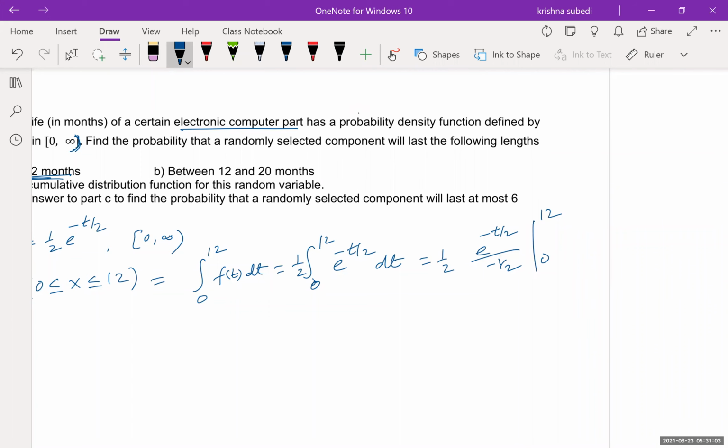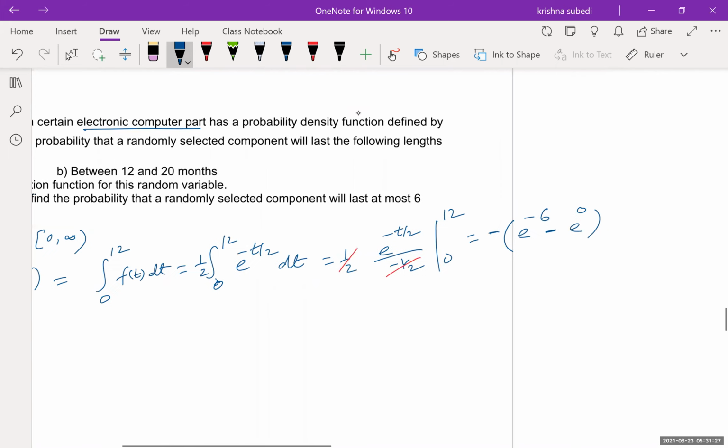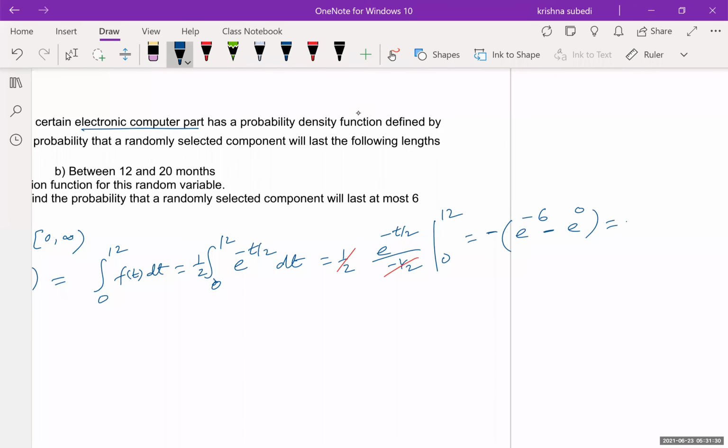The half and half cancel out, so you get negative e to the negative 12 over 2, which is 6, minus e to the 0, which gives negative 1 over e to the 6 minus 1.